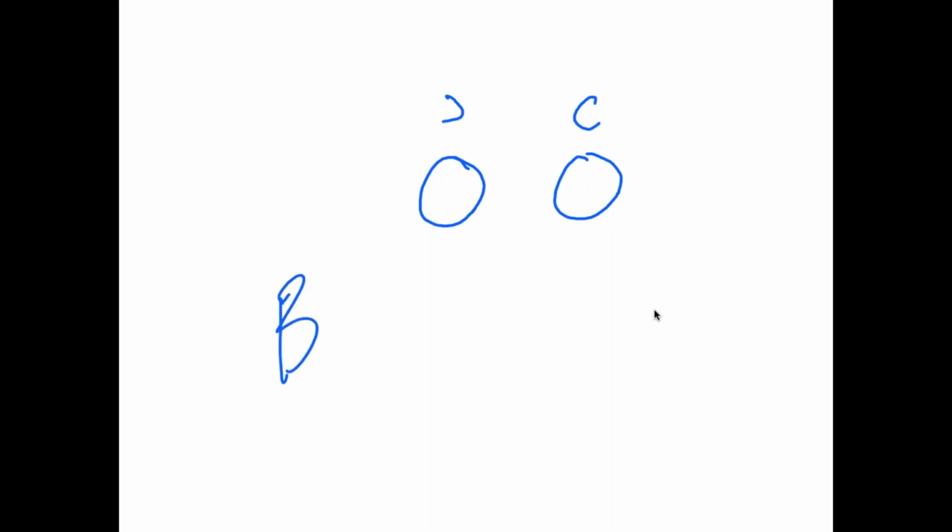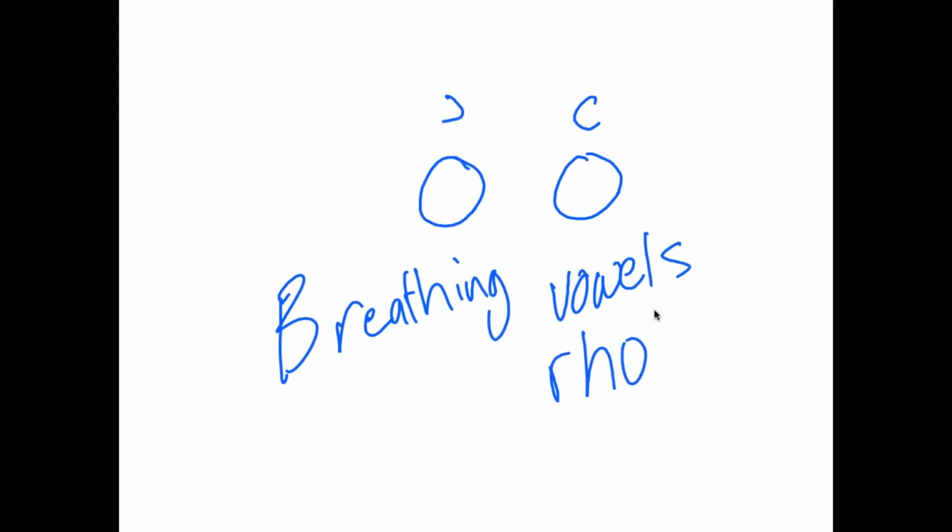This is something called a breathing mark. A breathing mark tells you how to pronounce the first letter. It can be over vowels and over a rho at the beginning of the word. If it starts with one vowel, it is over that vowel. If it starts with a diphthong, it's over the second letter in the diphthong.